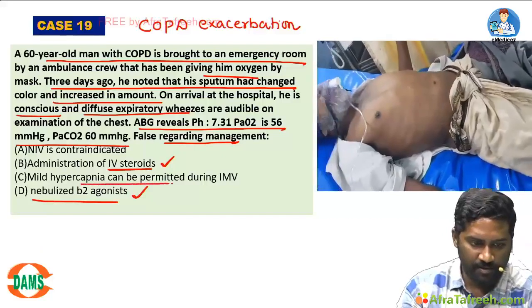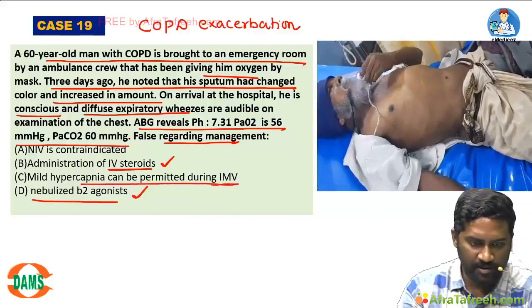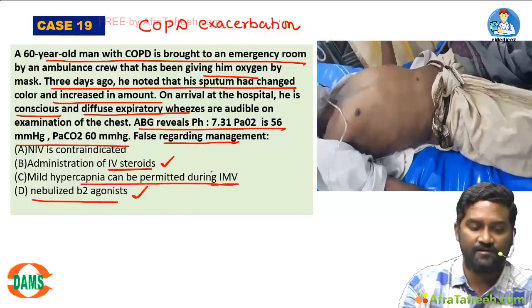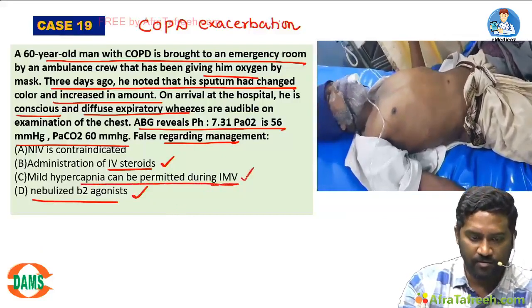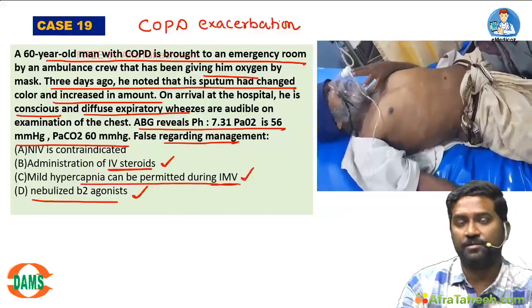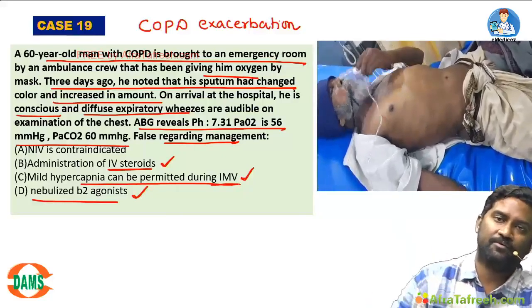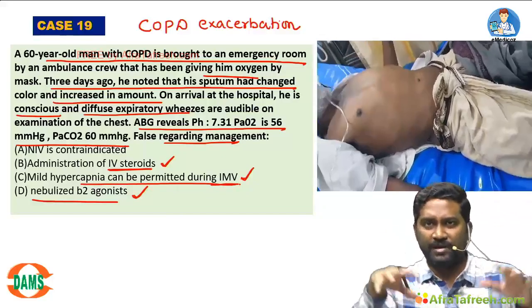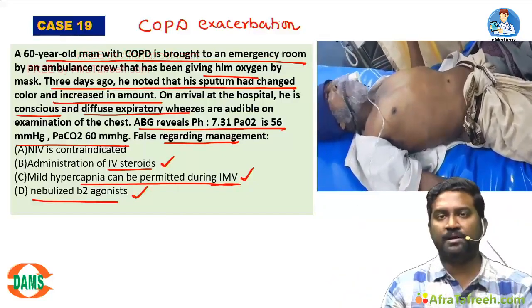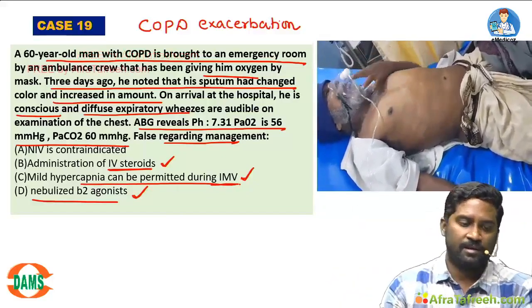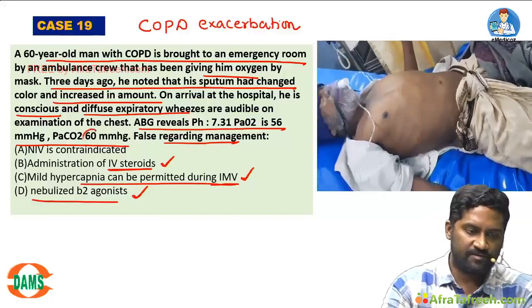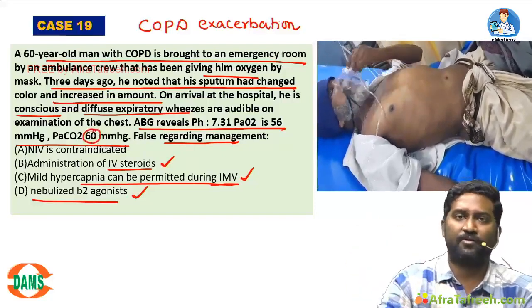Mild hypercapnia can be permitted during invasive mechanical ventilation. This is also true. Actually, COPD patients' bodies are used to some amount of hypercapnia. No need to immediately bring down the CO2 to normal. Now the patient's CO2 in the question is 60. No need to bring it to 40 immediately.